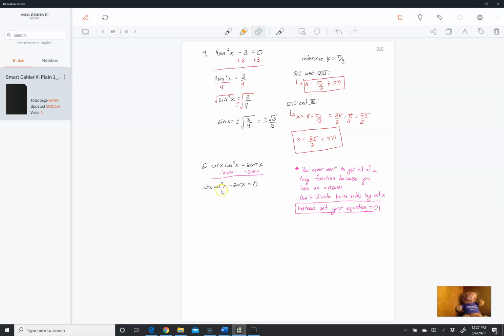You can also think about Pythagorean identities, which is perfectly fine, but we don't have a clear Pythagorean identity here. So our option is pull out cotangent of x, factor.